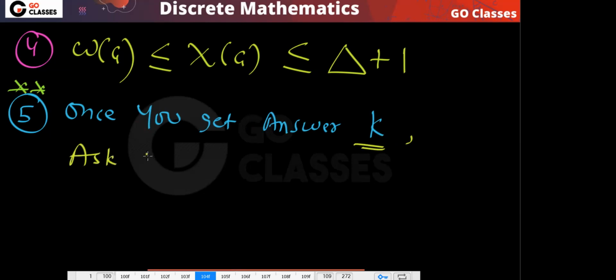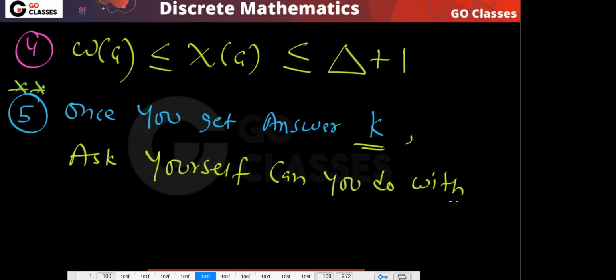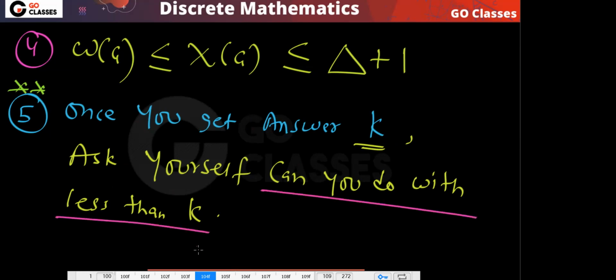Can you do better? Can you do it with less than K? Okay, is this clear? And the sixth is practice, practice, practice.